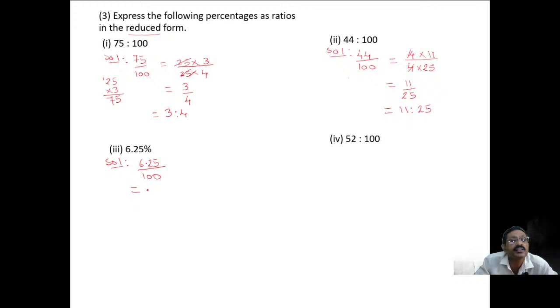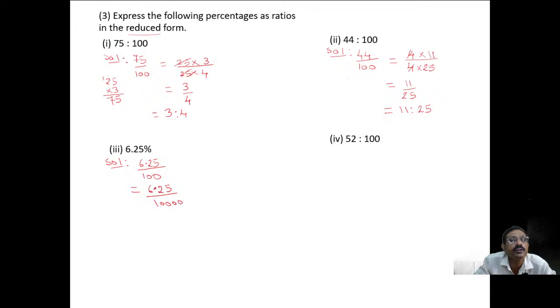Now, if you take this 6.25, how many places am I shifting? 2 places. 6.25 upon 100. How many places did I shift? 2 places. Am I right?